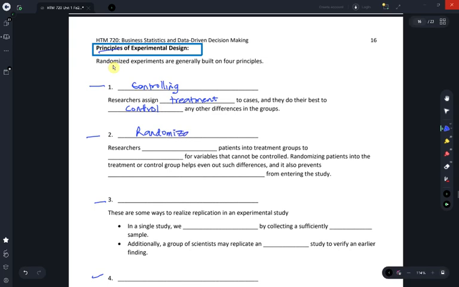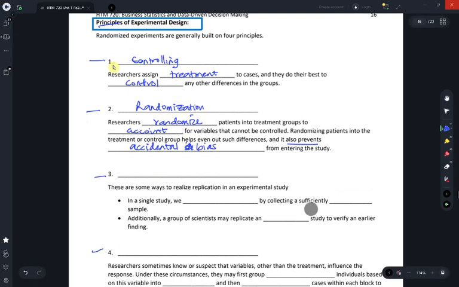So, in this case, researchers must randomize patients into treatment groups in order to account for variables that cannot be controlled. This will prevent accidental bias from entering the study.